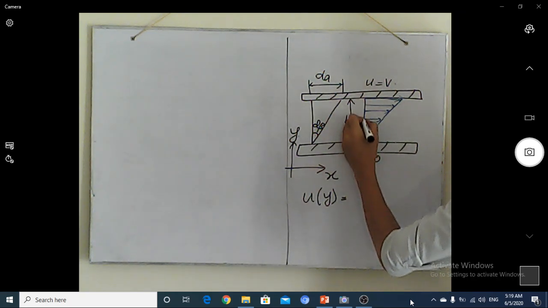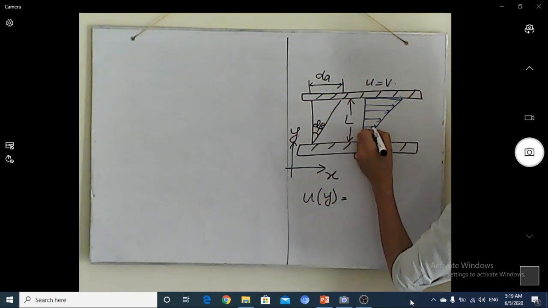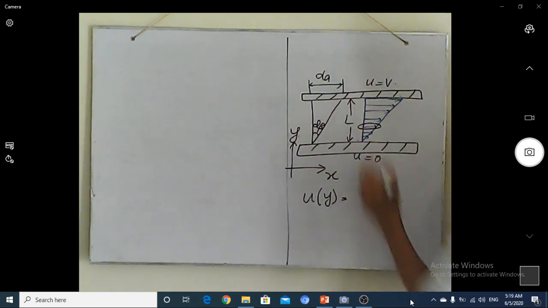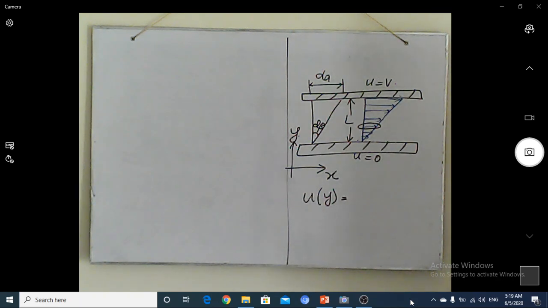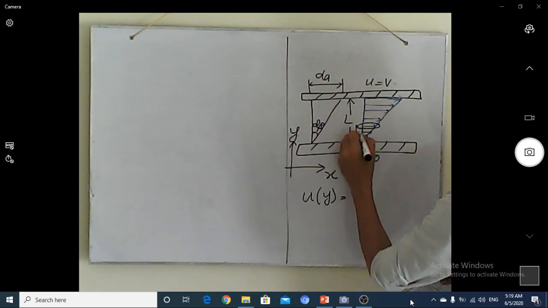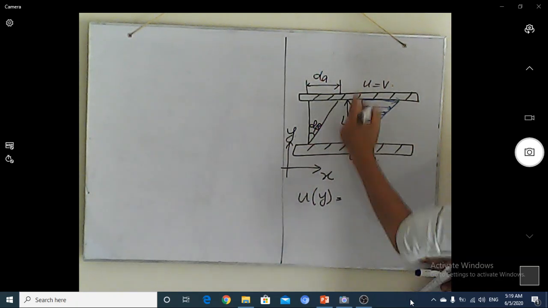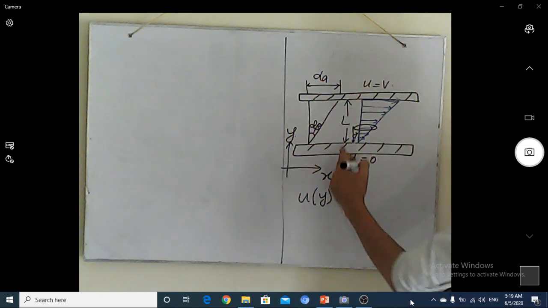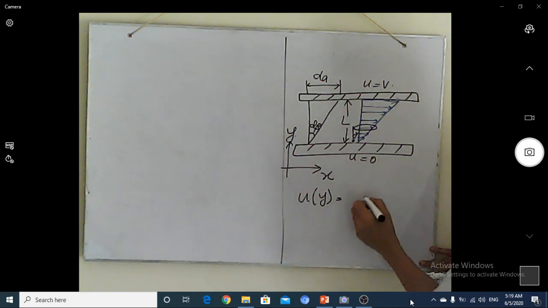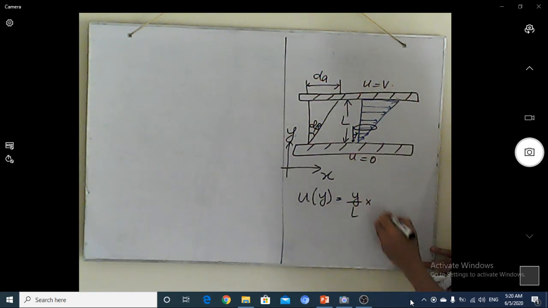If you need to know the velocity in that part, the height becomes equal to y, and the total distance between the two surfaces is L. So what you need to do is y divided by L multiplied by the maximum velocity.